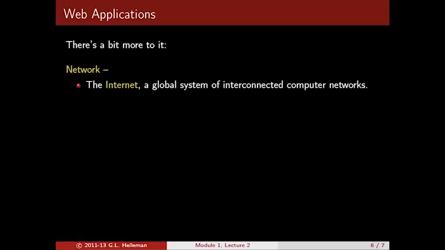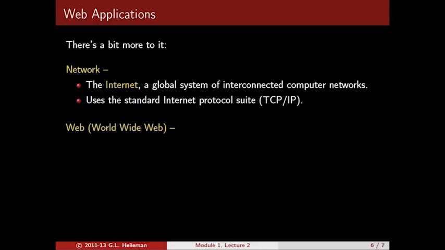Now there's a bit more to this. The network in our case is not just any network, it's the internet. And the internet is a global system of interconnected computer networks that uses the TCP/IP protocol. And when we say web, we mean the World Wide Web, or WWW as you often see it.